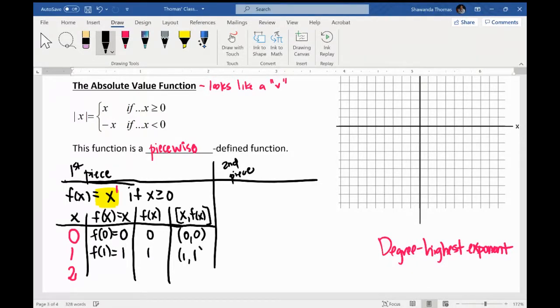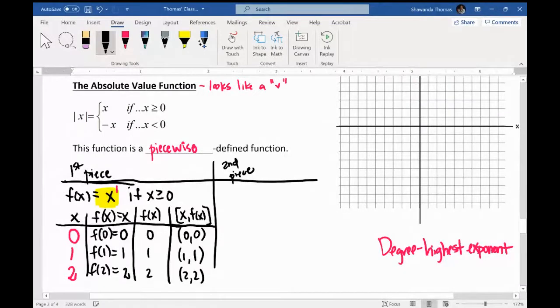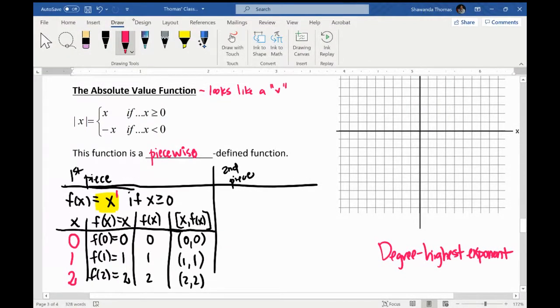Now that I look at it, it's sort of like the identity function. f of 2 equals 2. All right. So we're going to go ahead and plot that on the graph. (0, 0) is right here on the graph. (1, 1) is here. (2, 2) is here.